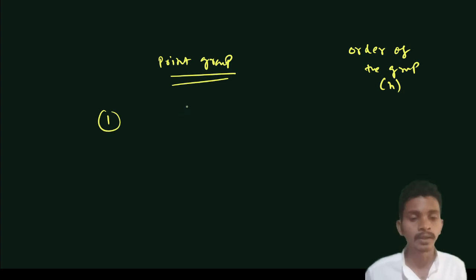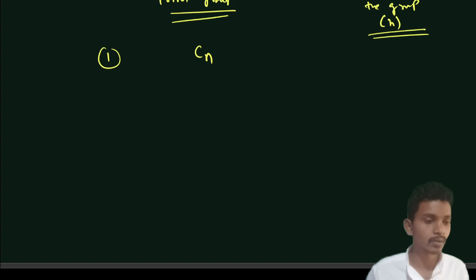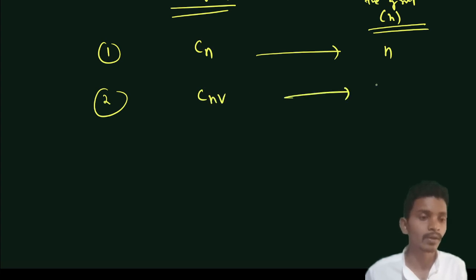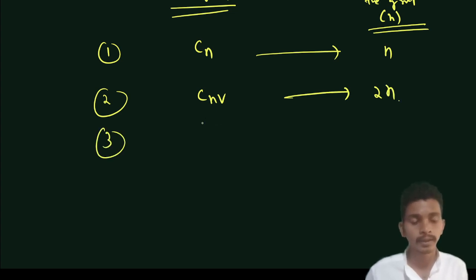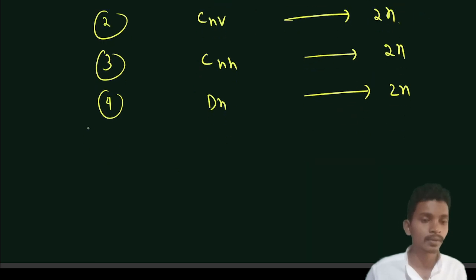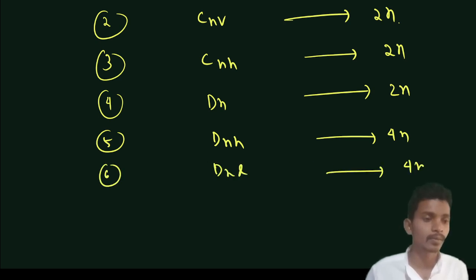If I say any Cn group is there, then the order will be n, and if Cnv, then the order will be 2n, and if Cnh, then also the order will be 2n, and if Dn, then also 2n, and if it is Dnh, then the order will be 4n, and if Dnd, the order will be again 4n.